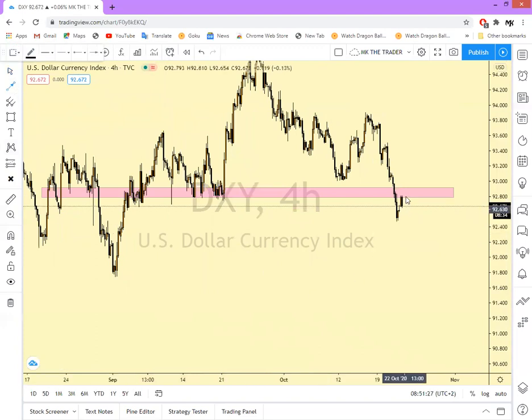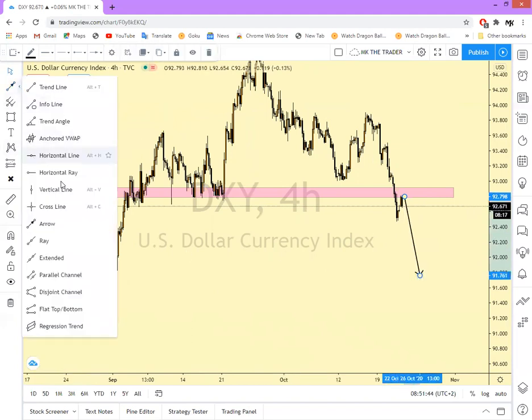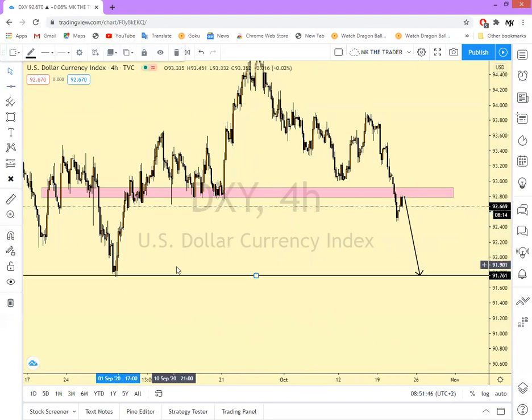So for stocks to go up, Nasdaq and other indices like Nasdaq, for them to go up, we must see this thing fall. It is about to fall.